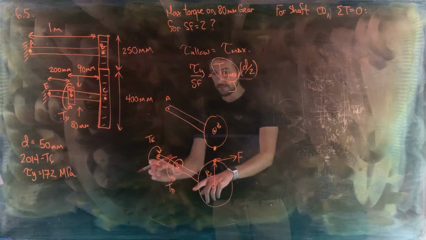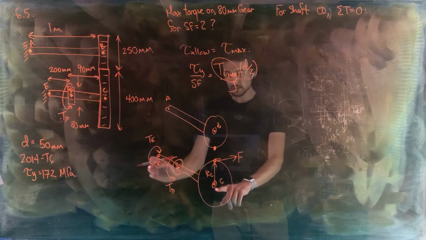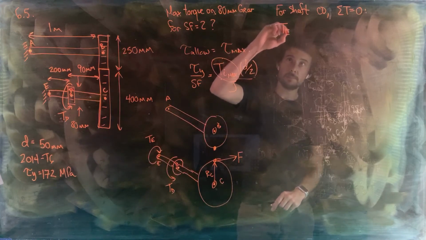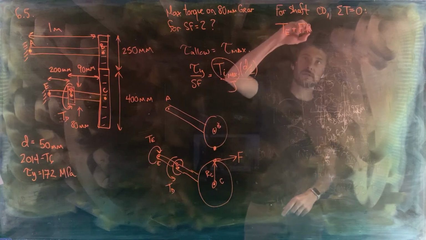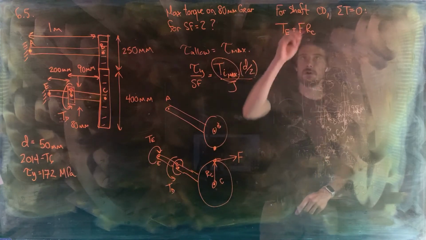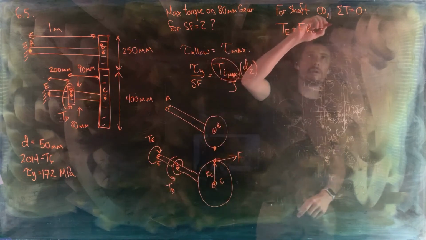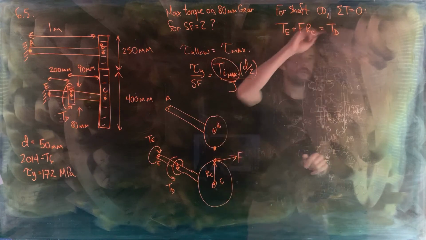That gives us TE plus force F multiplied by RC, that's torque now, is equal to the torque being applied to gear D, which is TD. So we've got one equation.